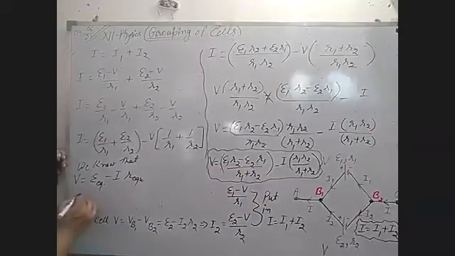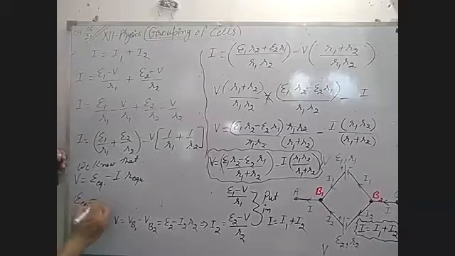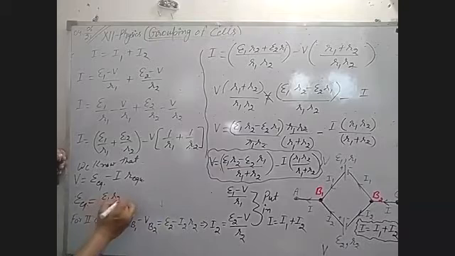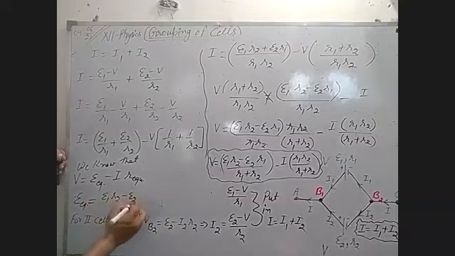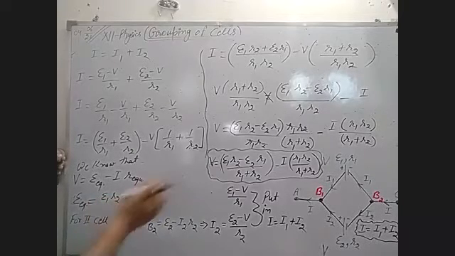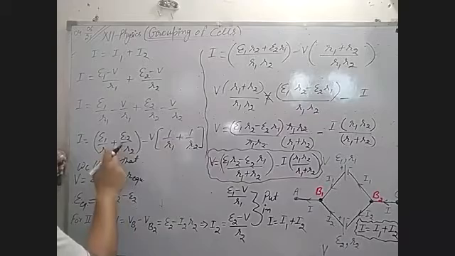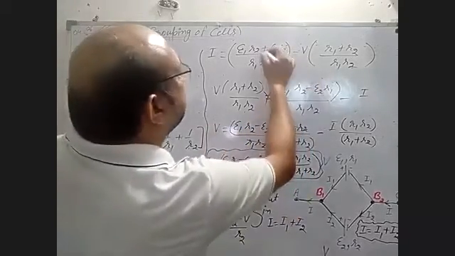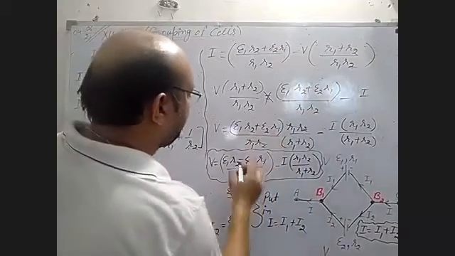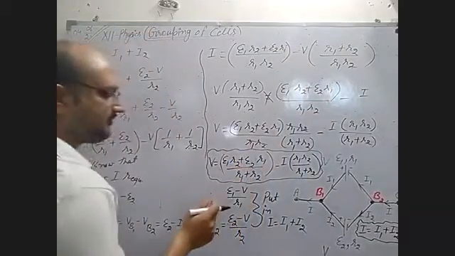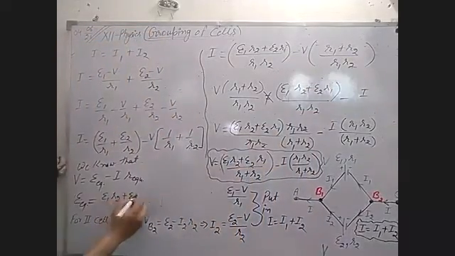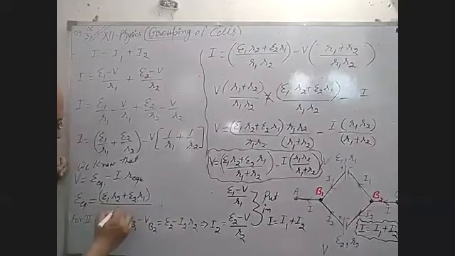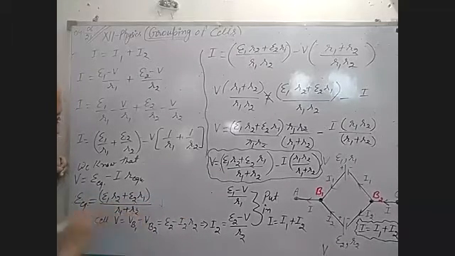We get the E equivalent value equal to E1 R2 plus E2 R1 upon R1 plus R2.